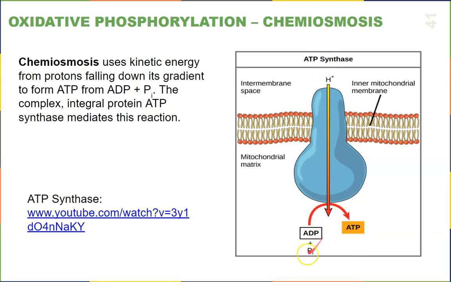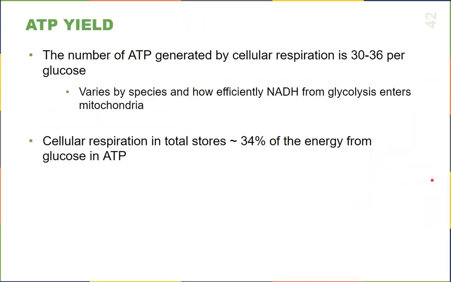And as that happens, it's going to phosphorylate an ADP molecule to make ATP. So this creates a lot of ATP in the process, and again, ATP synthase is the molecule that is doing it. So the ATP yield is 30 to 36 per glucose molecule.